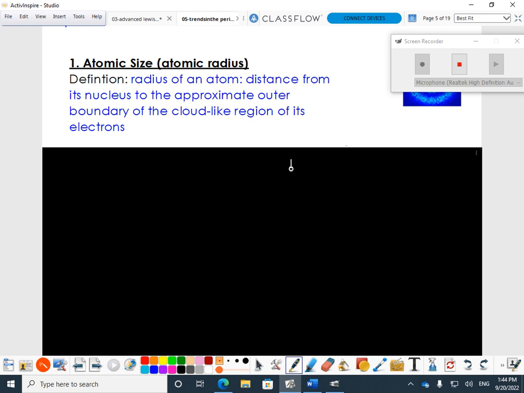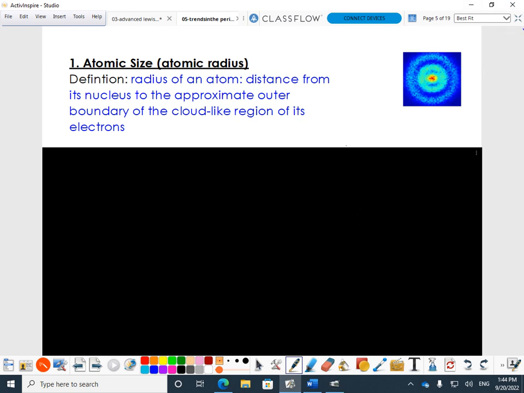The outer boundary of the electrons. So again, I said yesterday, you do not need to reproduce this picture. I just tried to introduce you to what an atom really looks like, a sort of fuzzy, cloud-like region, as opposed to the rigid flat orbits like Bohr said.